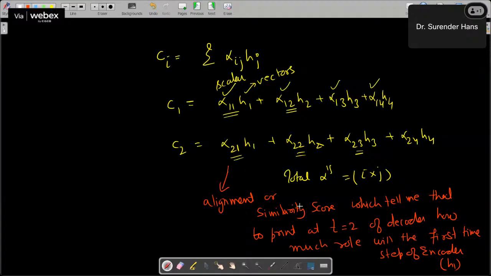Clear? Yes or no? This alpha 21 gives us the information.